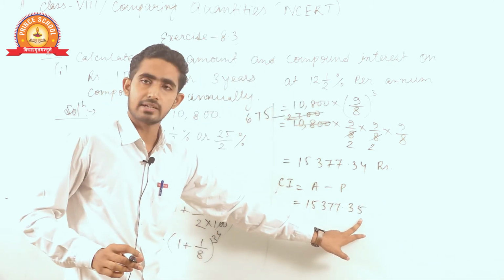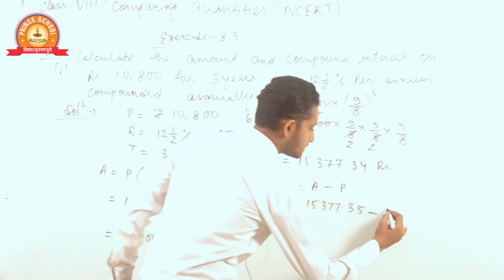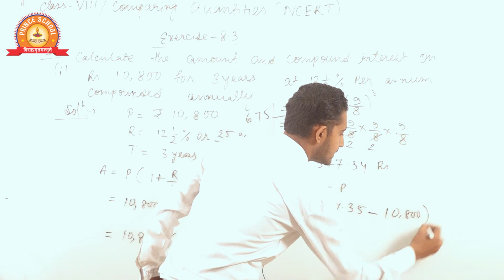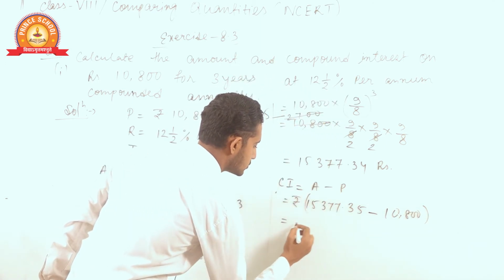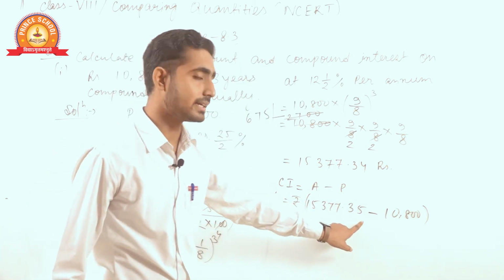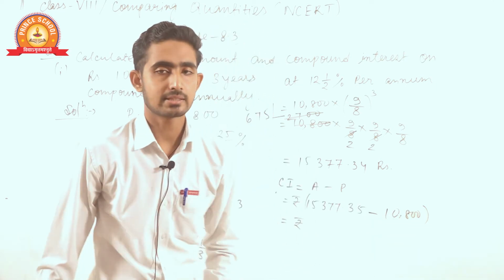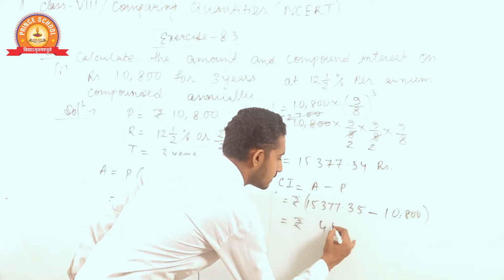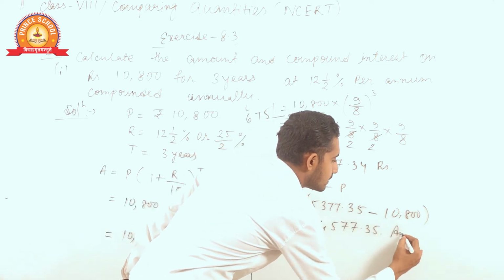So 15,377 minus 10,800 is equal to 4,577.3. That is your complete answer.